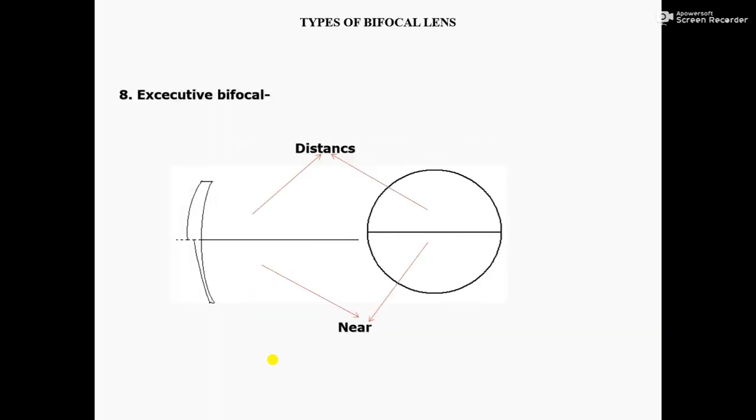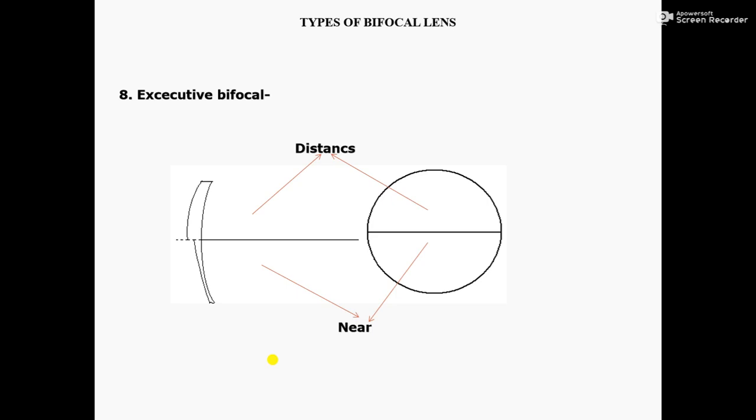Next, executive bifocal. Here the near edge is ground on the front surface of the lens, and the front surface has a more convex curvature in the lower portion than in the upper portion, which creates a ledge.